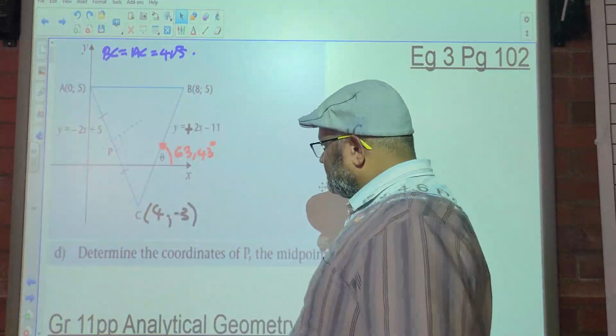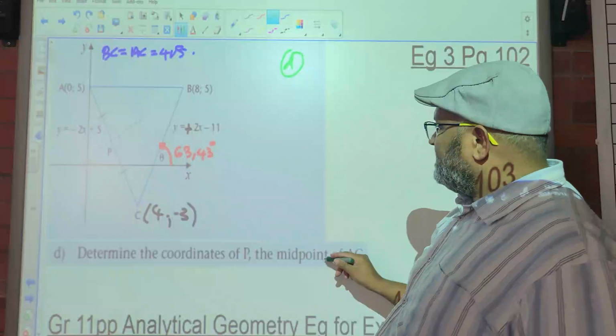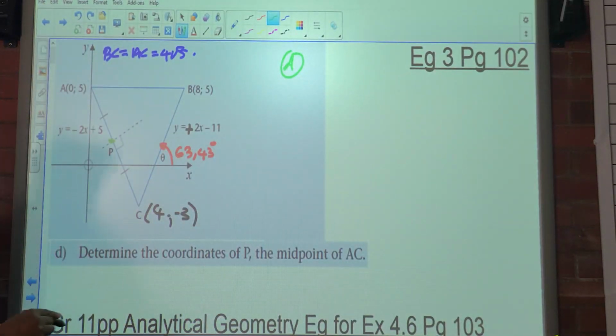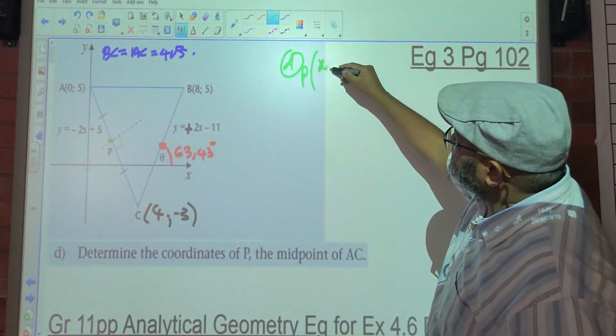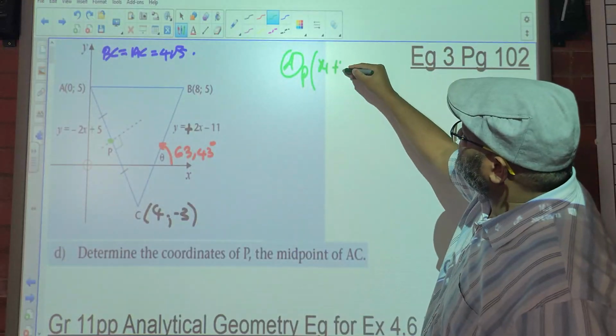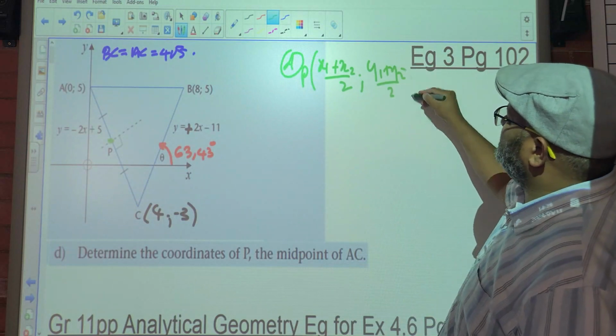So the coordinates of P, the midpoint of AC. People, how do you work out the midpoint? Using the midpoint formula, which is what? x1 plus x2 over 2, y1 plus y2 over 2.